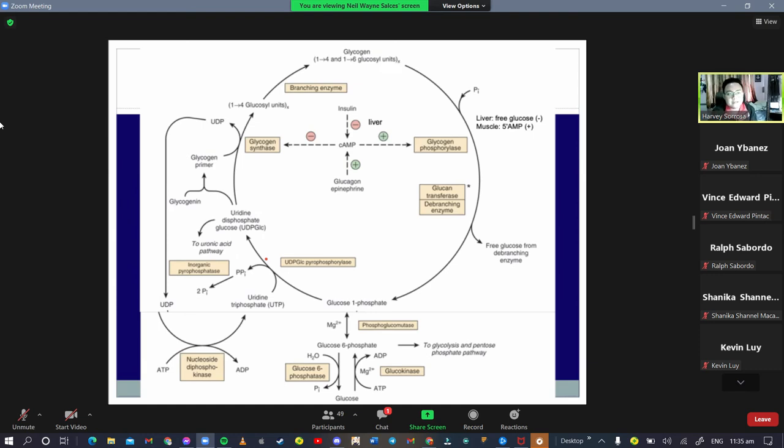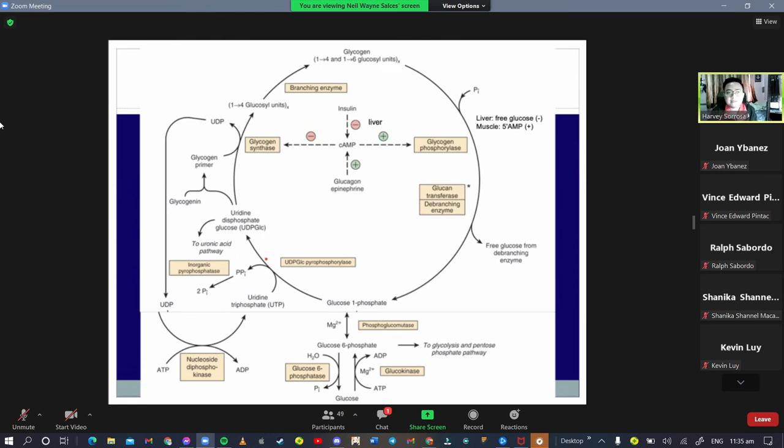Upon the binding of insulin to the insulin receptor, it would activate your insulin receptor substrate into its active form. Your IRS is activated, which activates your protein kinase.